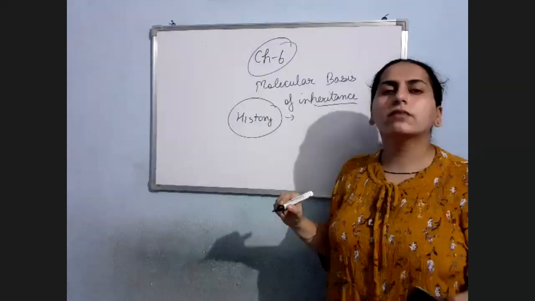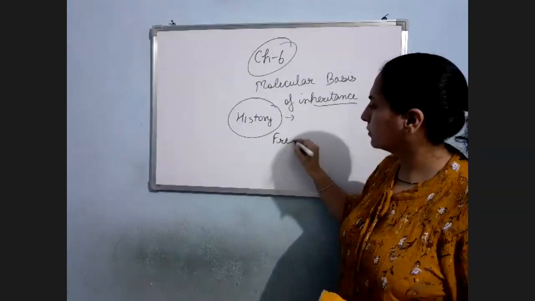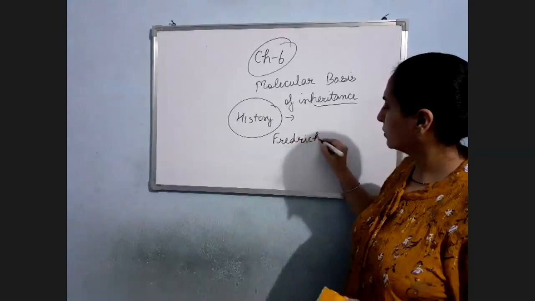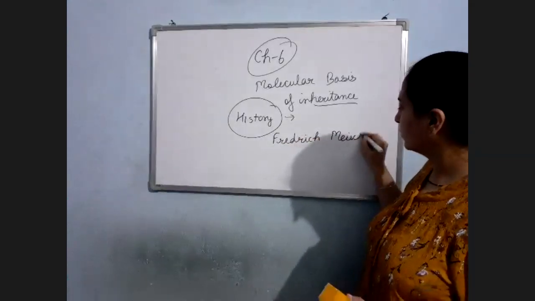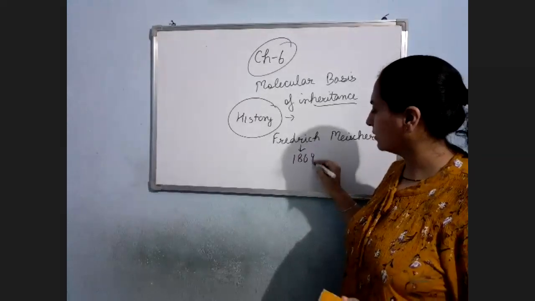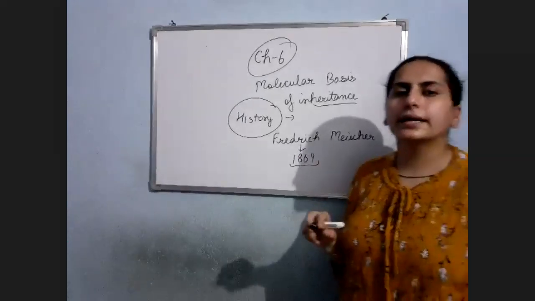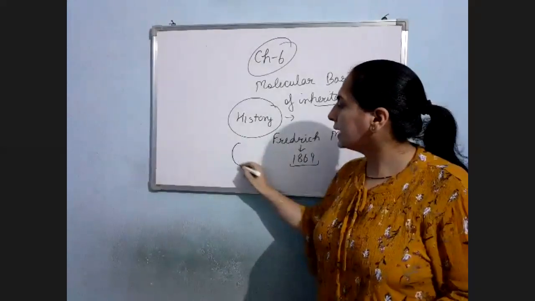So firstly, there was a scientist, Frederick Miescher, in 1869. What he did, from the white blood cells.